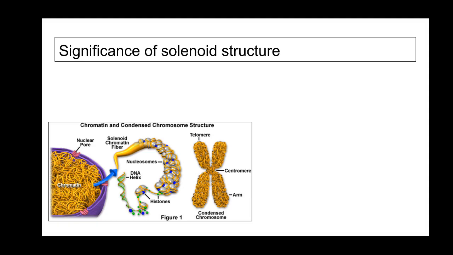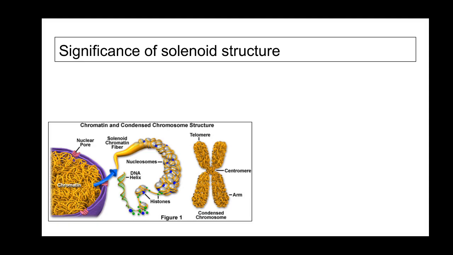One reason, as I said during the discussion of structural organization, is that we have to store a very lengthy amount of DNA in a very small nucleus. So that is one reason why the DNA is seen in the solenoidal structure.